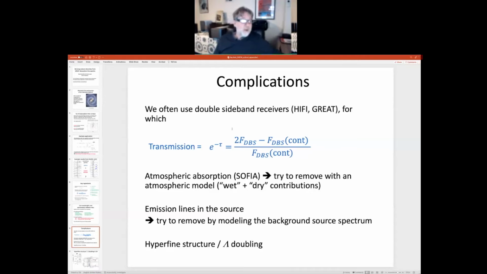At SOFIA, of course, we also have atmospheric absorption that was described in the case of X's by Curtis's presentation. And with GREAT data in the pipeline product, what will have been done is that the atmospheric lines will have been removed with an atmospheric model, and separately the wet and dry contributions will be modeled.